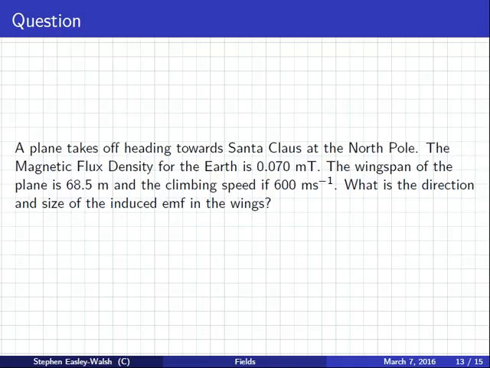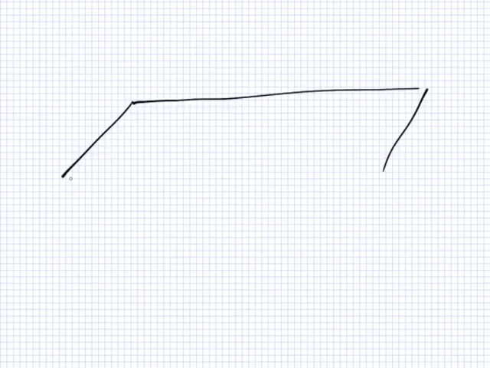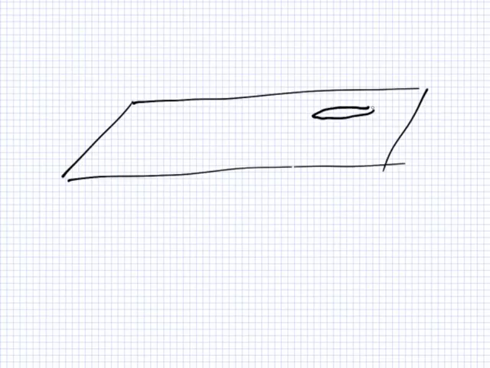Okay, so let's draw this. I'll try and draw it in three dimensions if I can. That's the surface of the Earth, and then you have your plane, and that's the runway, and of course it goes down the runway and takes off.